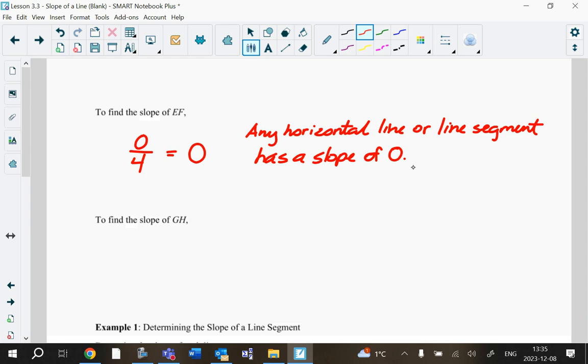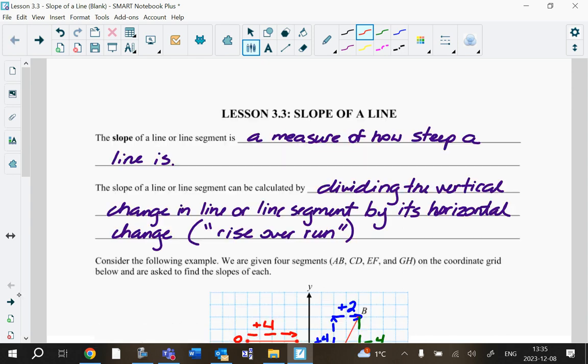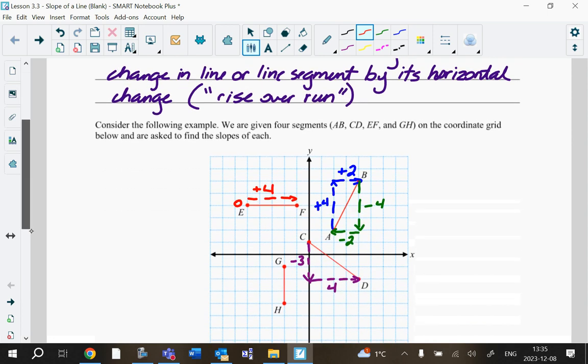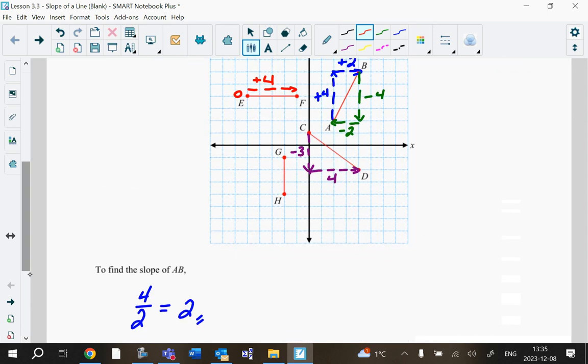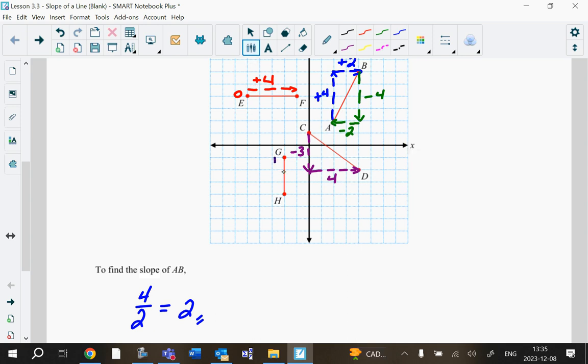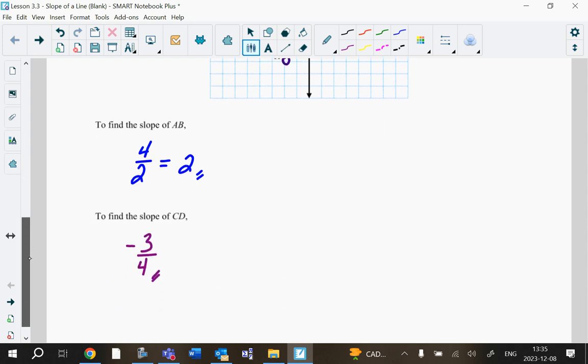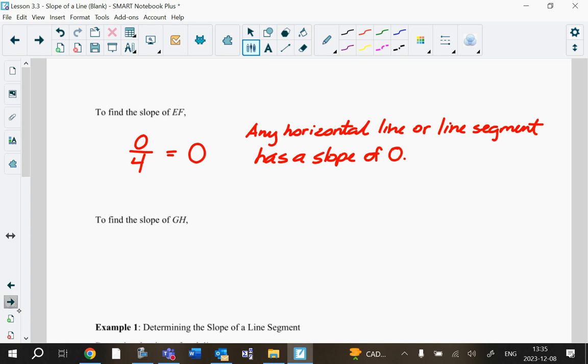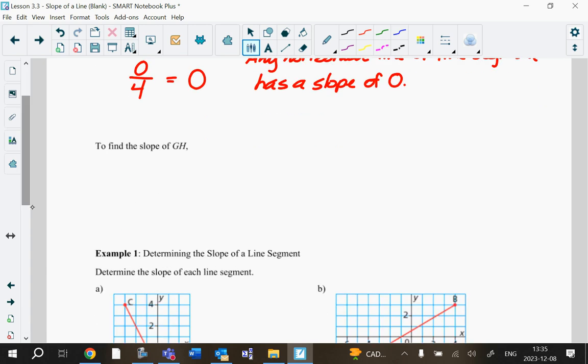Let's go back and look at GH. Starting from G and moving to H, how much do I rise to get from G to H? Positive or negative? Negative, because I'm going down. How much do I run? 0. So therefore, -3 over 0, which is what?